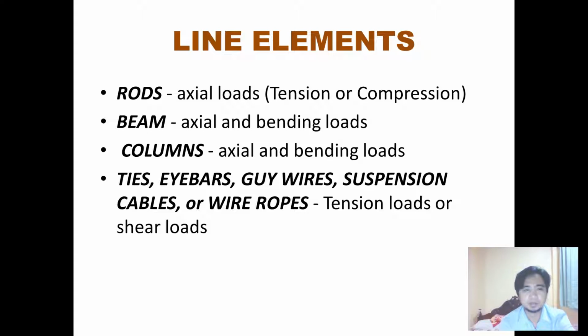Columns usually carry axial loads, but if there is an earthquake or a wind that will cause lateral movement, that is where the column acts as a column beam, meaning it carries axial and bending loads. As part of this, we have ties, I-bars, guy wires, suspension cables, or wire ropes, which carry tension loads or even shear loads.